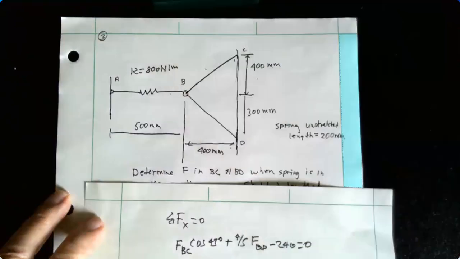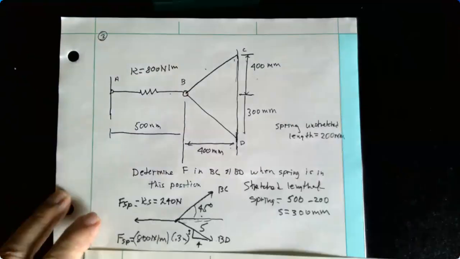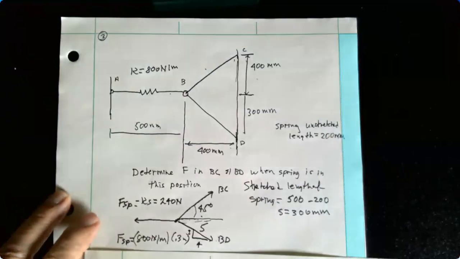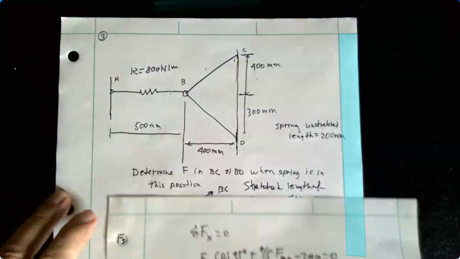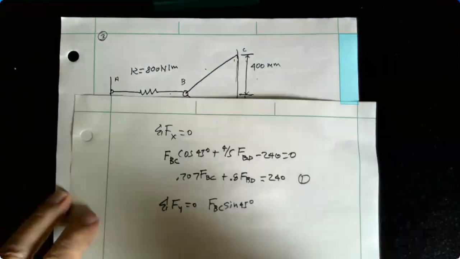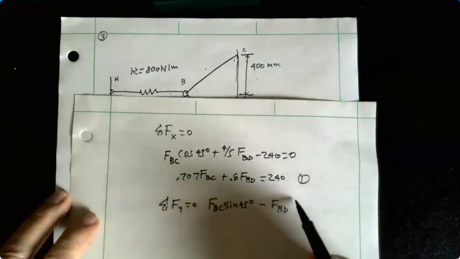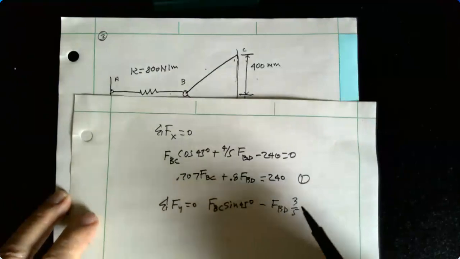Here's our free body diagram. BD is going to be negative. Keep track of our signs. The y component for BD is negative, and it's going to be 3/5 of BD. So minus force in BD, 3/5 of that, and that's equal to 0.